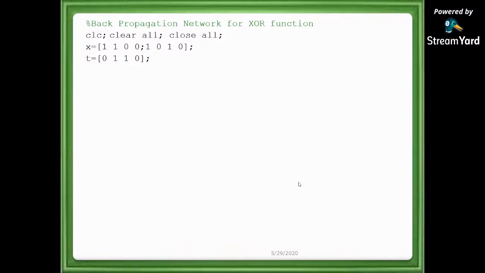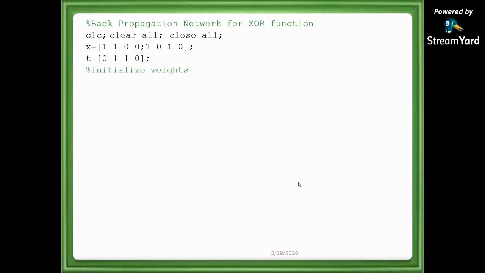Each set has 2 data, right? Because I have 4 outputs, I have 4 targets. My first target is 1, 1. You take the first value of X and the fifth value of X. These are called one set. When it's separated by a semicolon, it comes to the next line. That is called one set. 1, 1 is 0. Next, you take the second value of X and the sixth value. 1, 0 is 1. 0, 1 is 1. 0, 0 is 0.